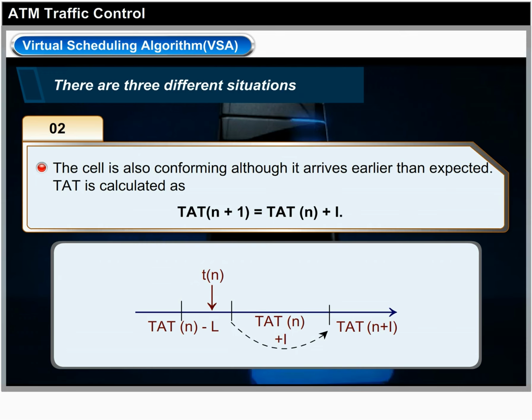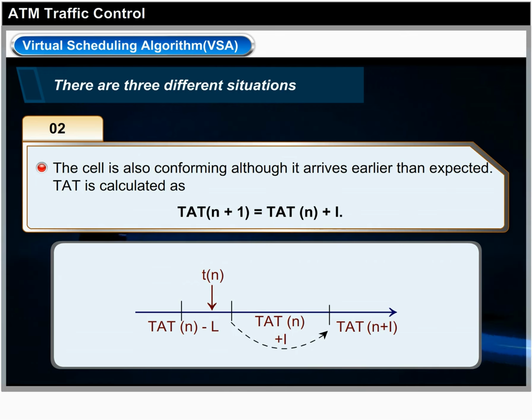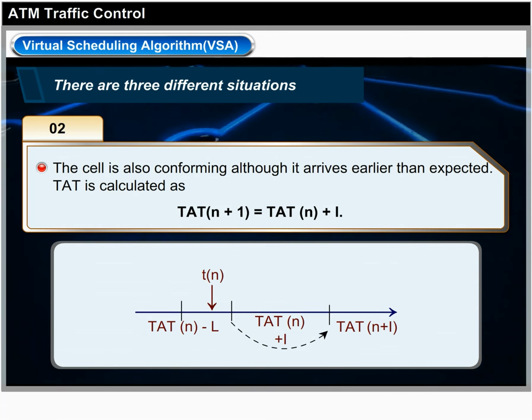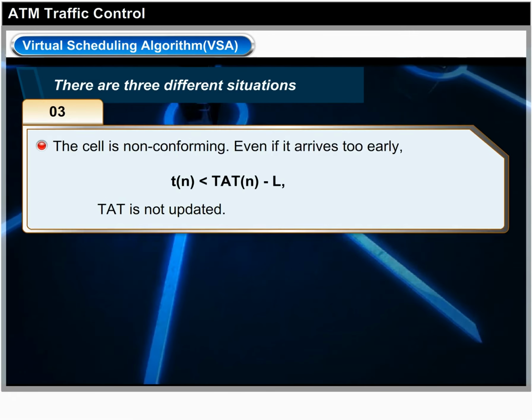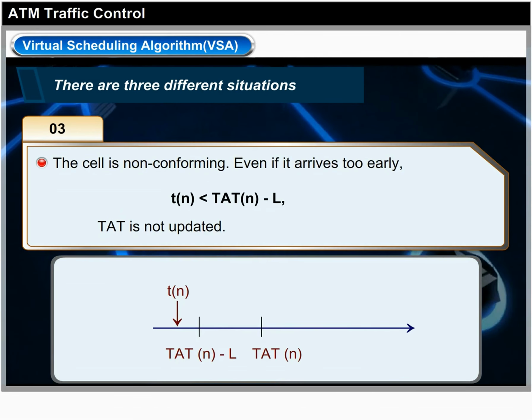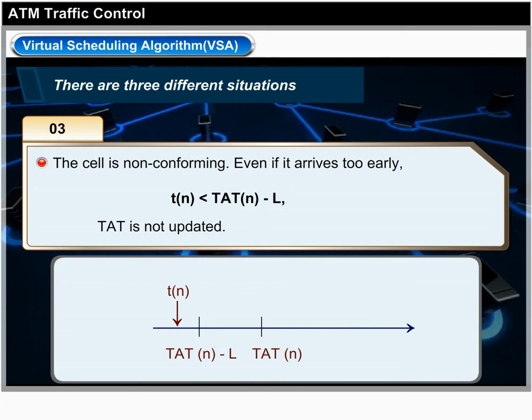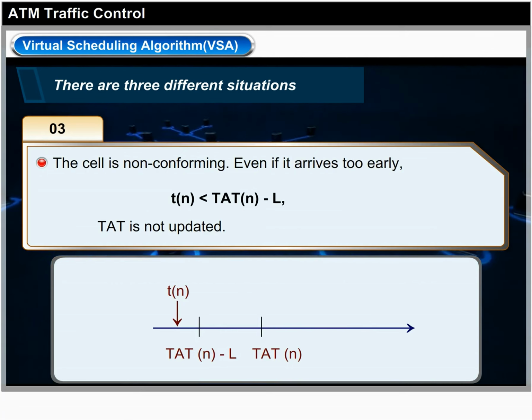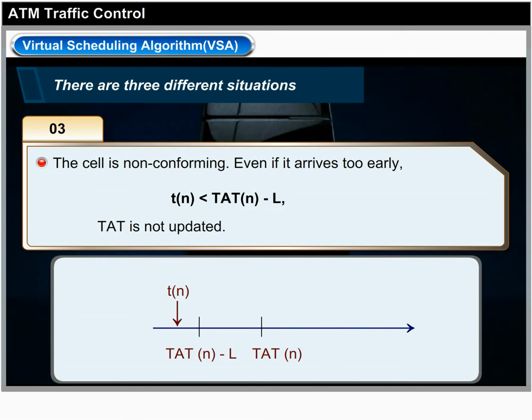TAT is calculated as TAT of n plus 1 is equal to TAT of n plus I. C. The cell is non-conforming. It arrives too early, T of n less than TAT of n minus L. In this case, TAT is not updated.